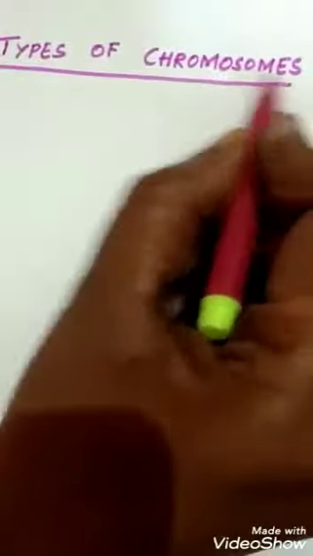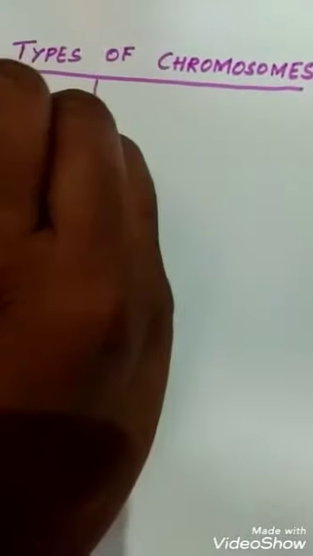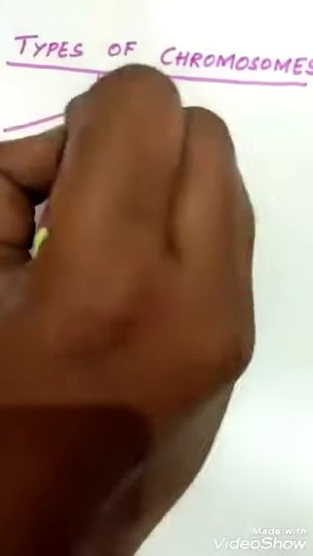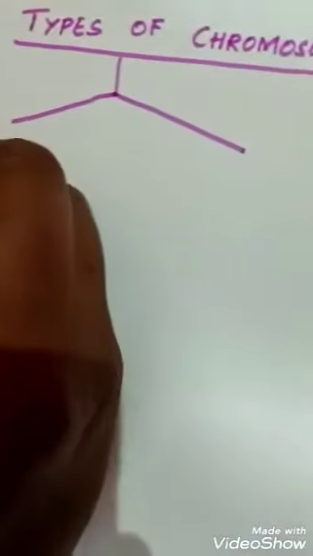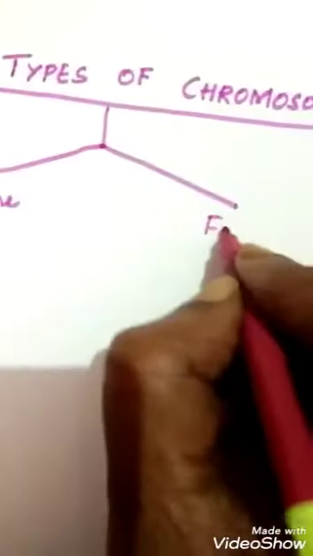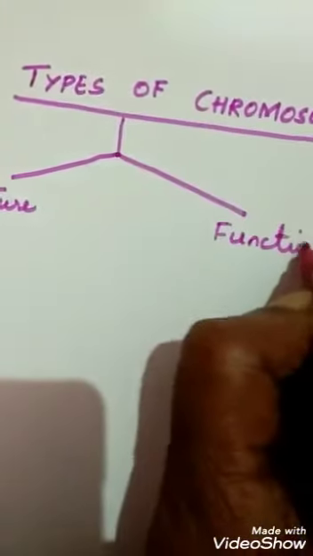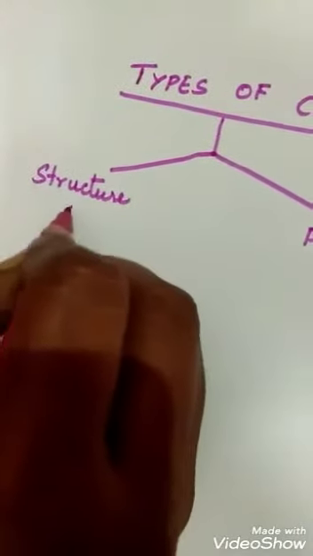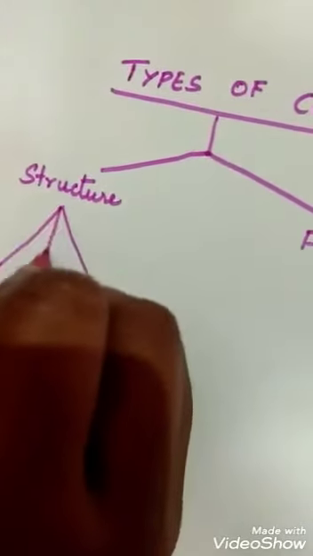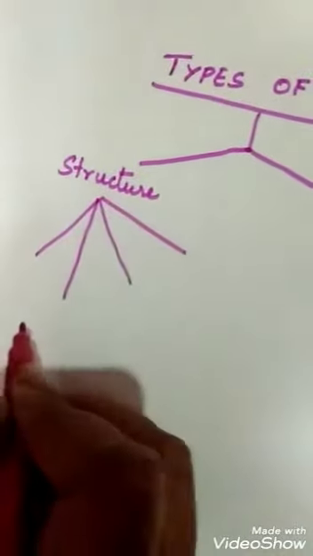Types of chromosomes. Based on the structure and based on the function, we can divide the chromosome into different types. Based on the structure, especially based on the presence of centromere, it is categorized into four.